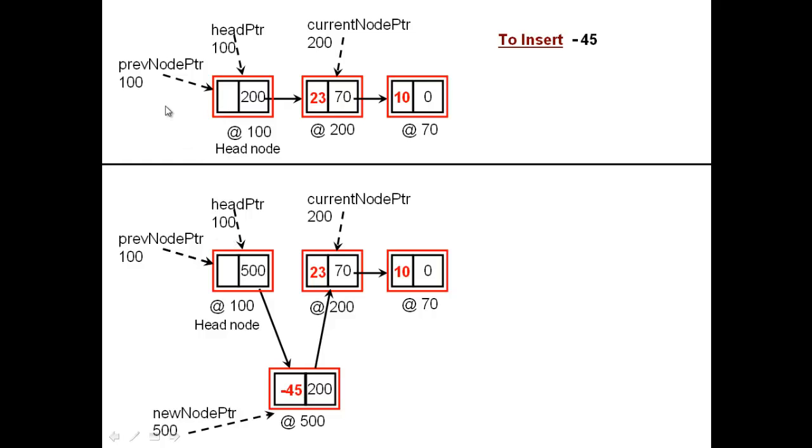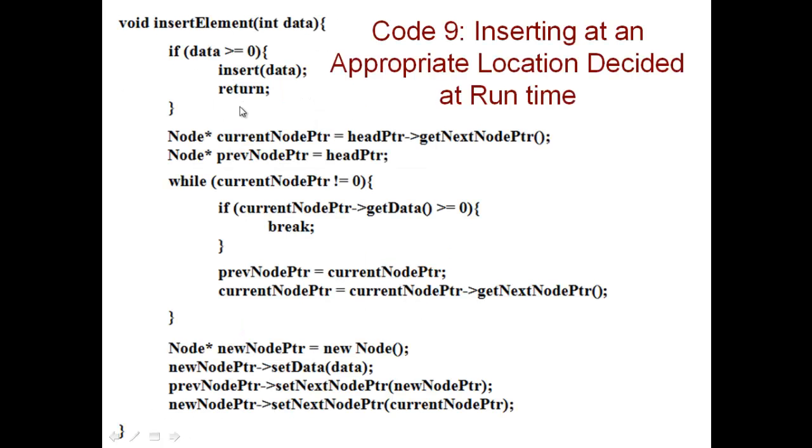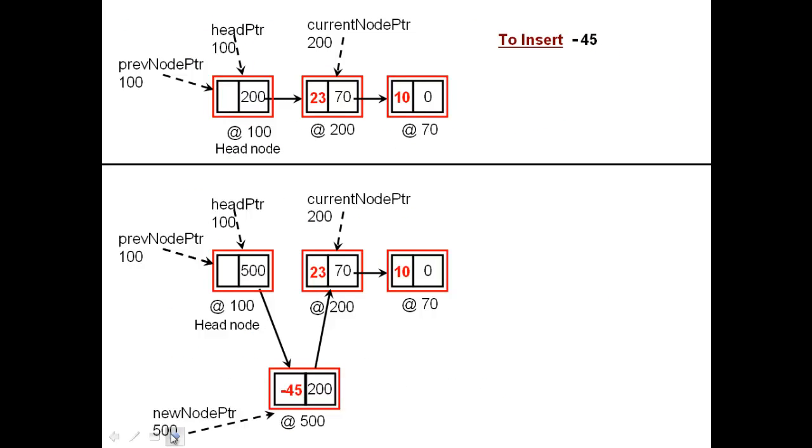So you see the previous node pointer is storing the address of the previous node, which is in this case the head node itself. And that's okay, you can still use the previous node pointer to access the head node and change the next node pointer address of the head node. So this code is still applicable. So the previous node pointer, which is now pointing to the head node, arrow set next node pointer, you pass the new node pointer address, which is 500.